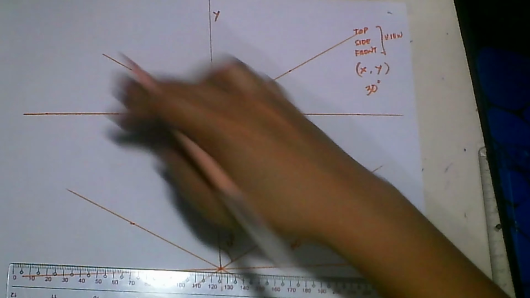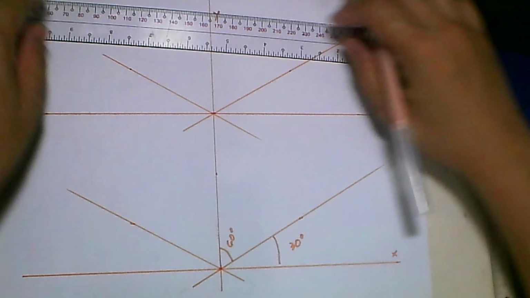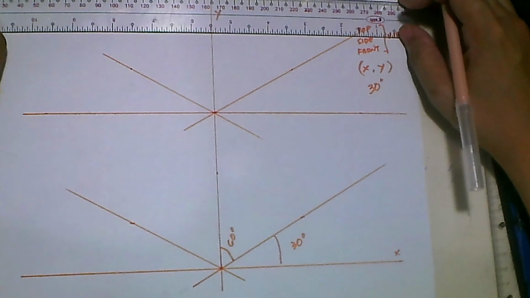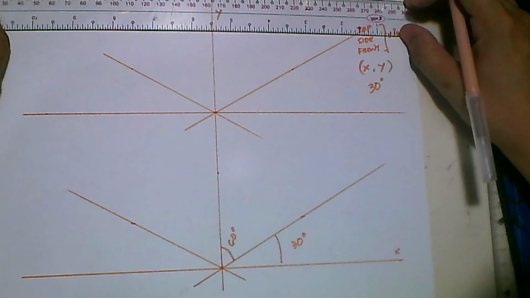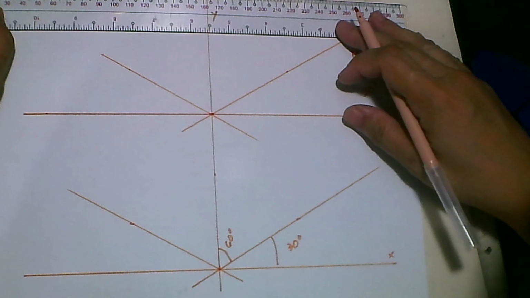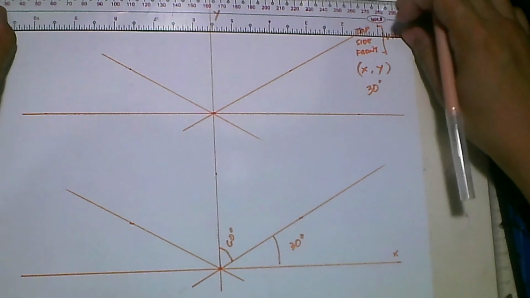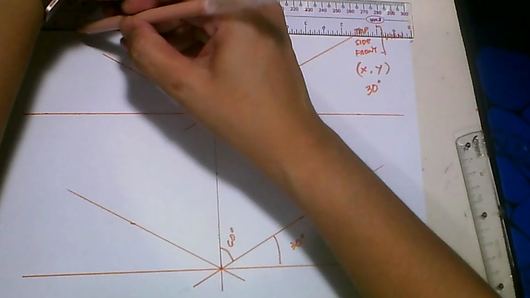Okay, so we have this line. Okay, and then for the top, we are going to create another line here. Let's make sure to use the top part of our paper para hindi na tayo mahirapan to create a straight line.